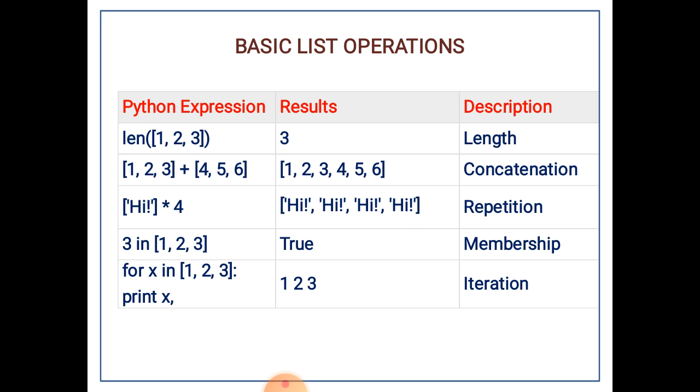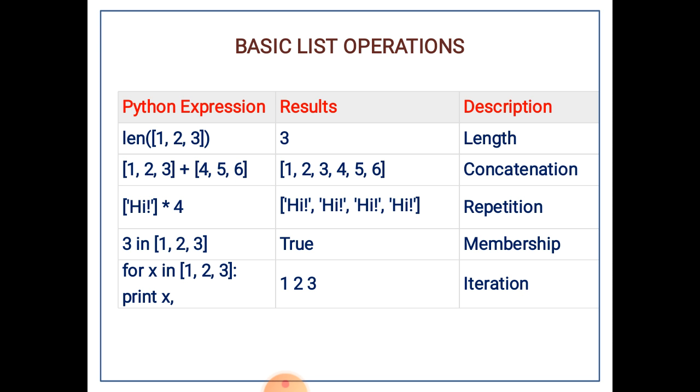Now coming to the second operator, that is the plus operator. The plus operator is called the concatenating operator, which is used to combine two or more lists.